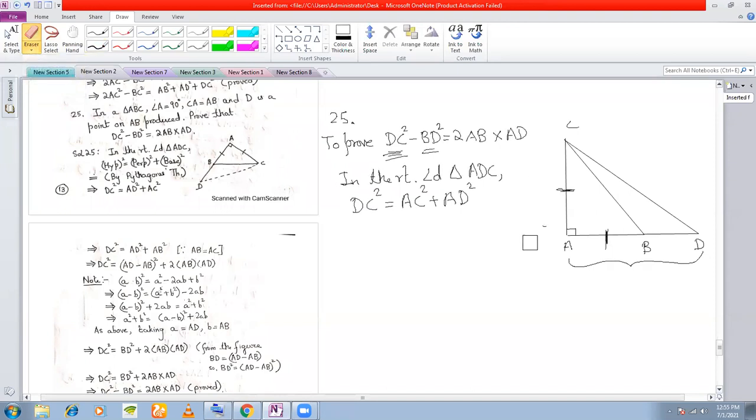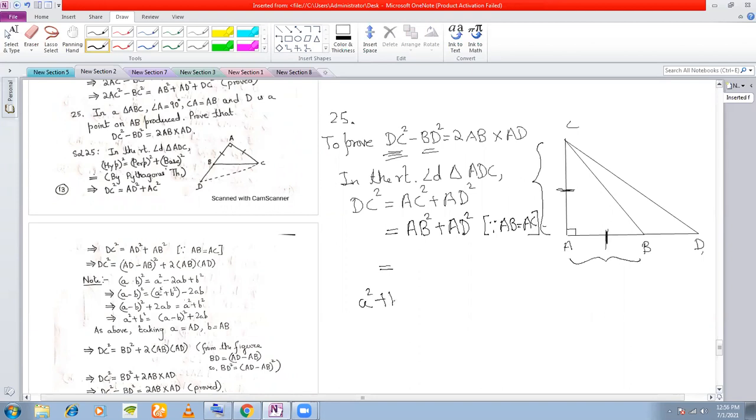Now the trick lies in what you must realize here, that AC, this length, and AB, these two lengths are given to be equal. So I can replace AC by AB because they are equal. So AB square plus AD square. Why? Because AB is equal to AC, right?